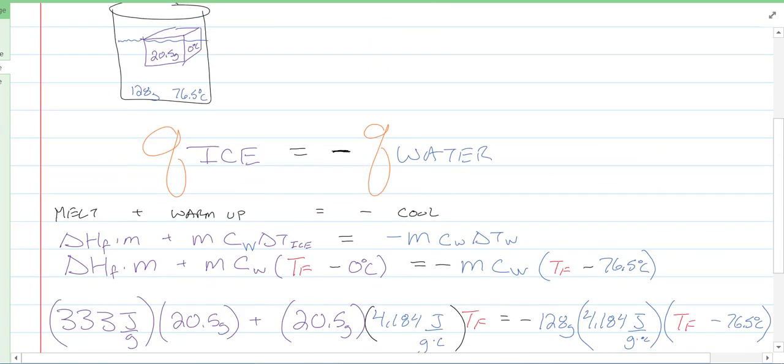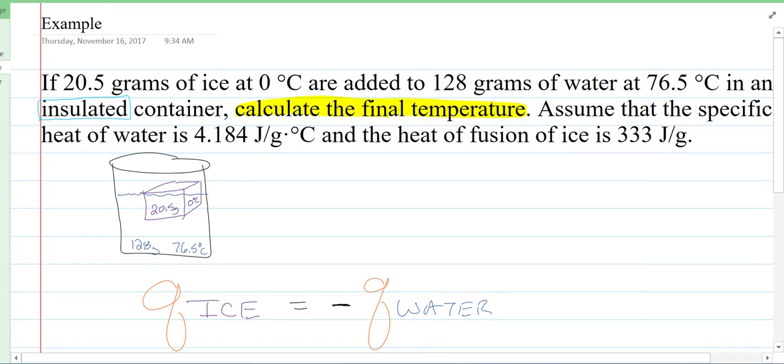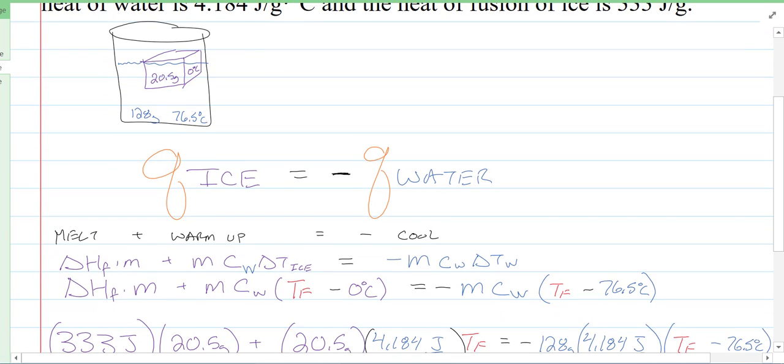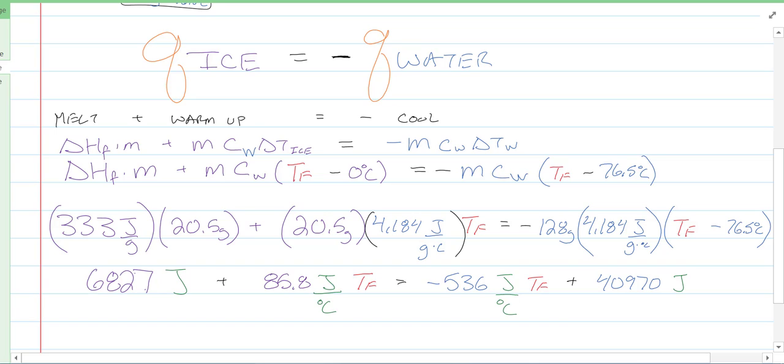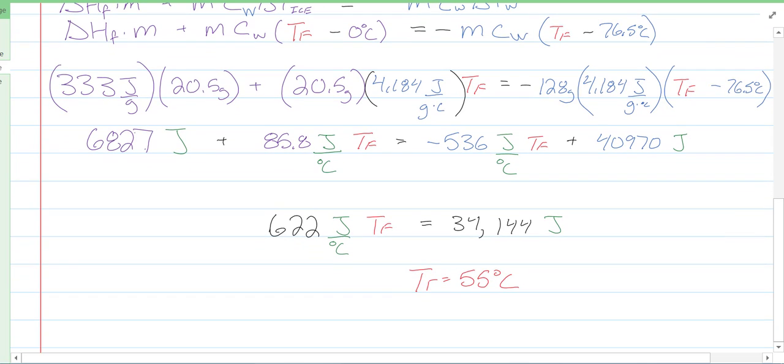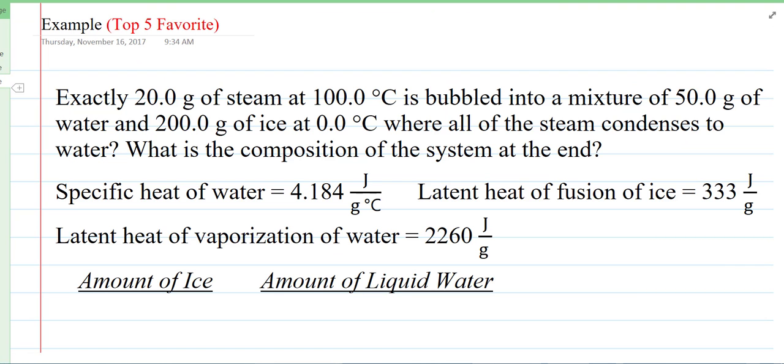So, recap. Have ice in the water. The energy from the water is going to the ice. The ice physically melts. Then it warms up. The water just cools down. And we put our formulas in, put our constants in, and our amounts, and we solved. This problem we just did, where we have ice water mixing, and this next problem are both included in my top 5 favorites.